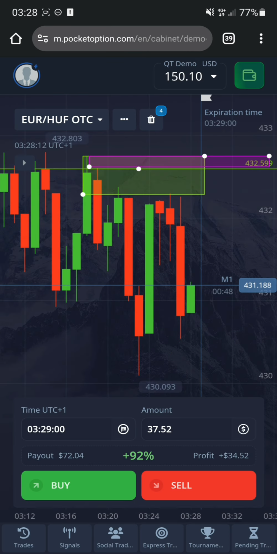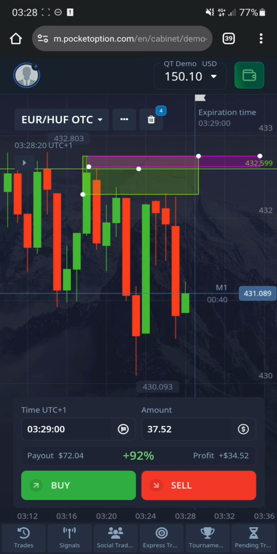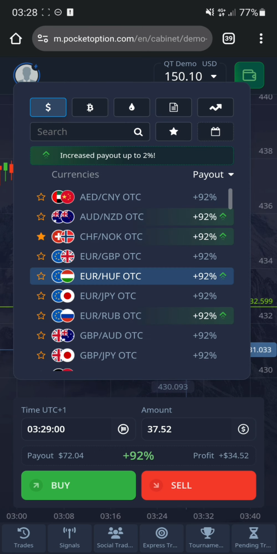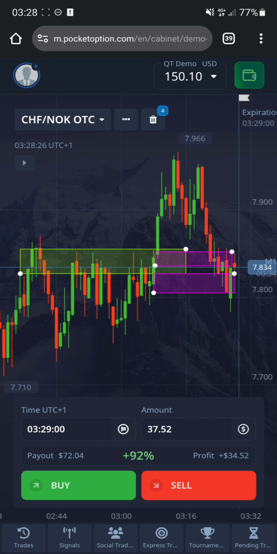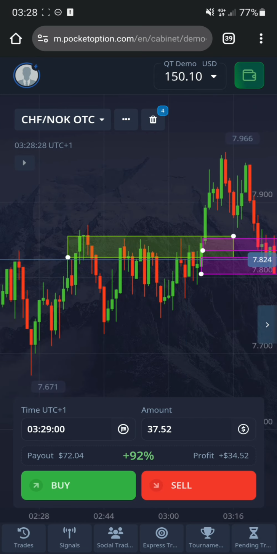Here we go. If price comes into the supply, or breaks or closes inside the supply, we'll go with the sellers. As simple as that. But let's just keep an eye on it. Let's check this one also. Let's see how the market is doing.